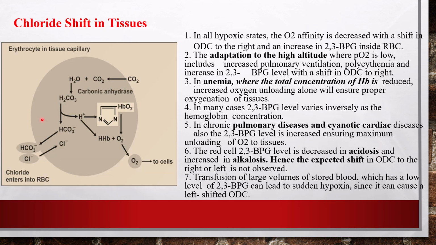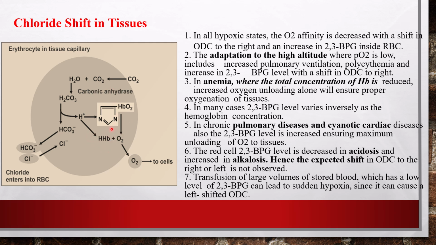So chloride shift, this is the scenario of chloride shift in the erythrocyte because of the higher concentration of carbonic anhydrase enzyme. So H2O combined with carbon dioxide leads to the formation of carbonic acid. So there is a huge production of bicarbonate ions and H+ ions, and these H+ ions wind up with hemoglobin.